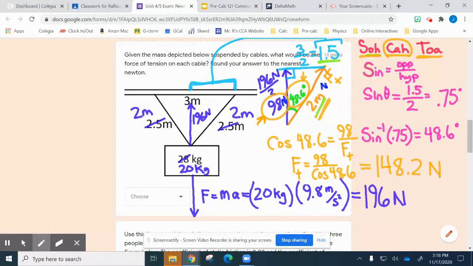So to hold up this 196 newtons at this angle, each of these ropes has a tension on it of 148.2 newtons. And they're balanced, so this is 148.2 newtons also. And that is the answer to that question.